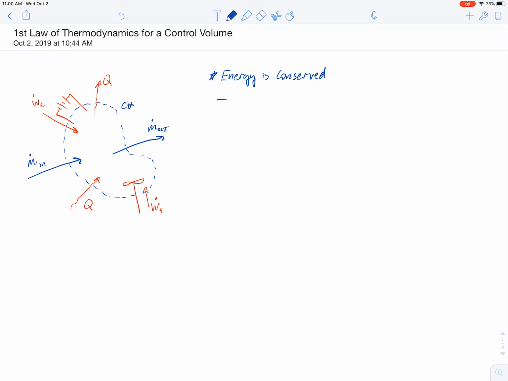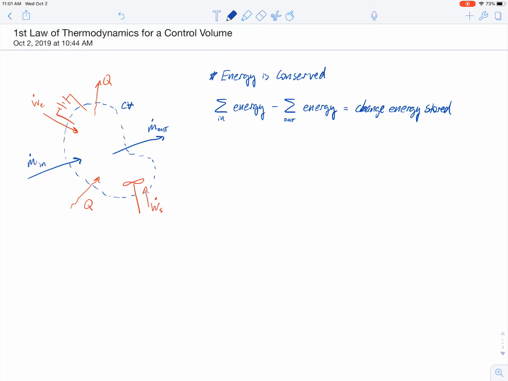Conceptually, what we're doing is taking the sum of all energy entering my control volume, subtracting the sum of all energy leaving my control volume, and the difference must be the change in energy stored inside my control volume.